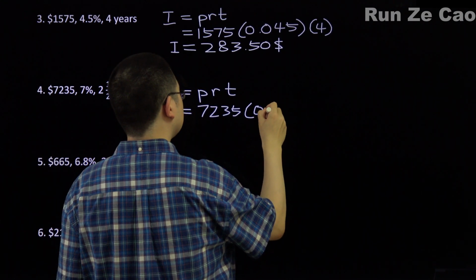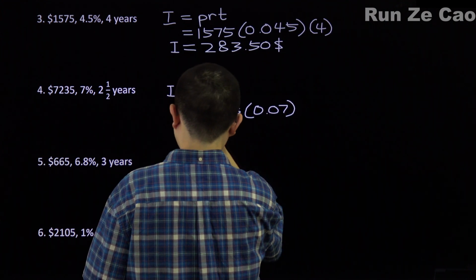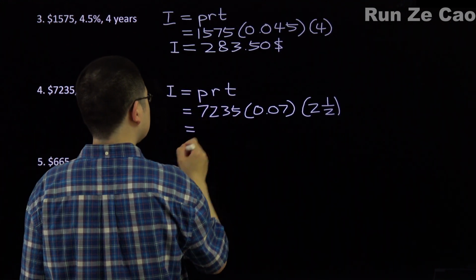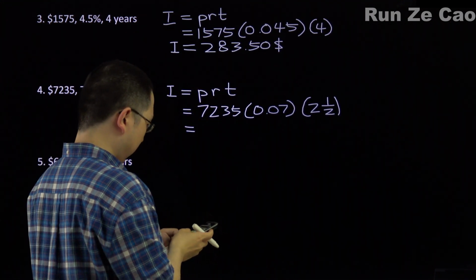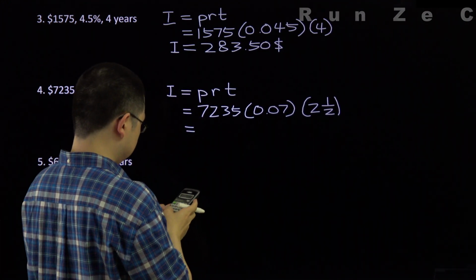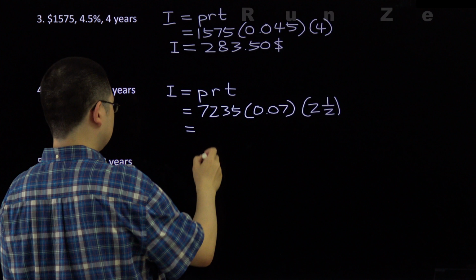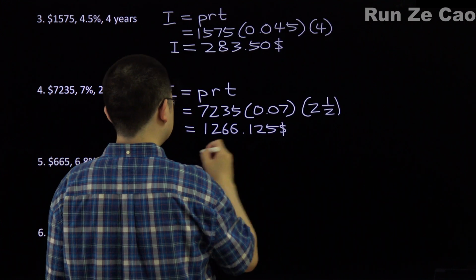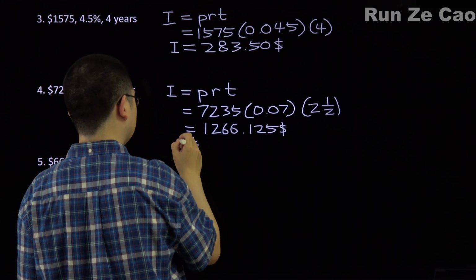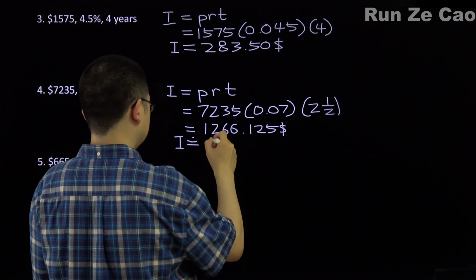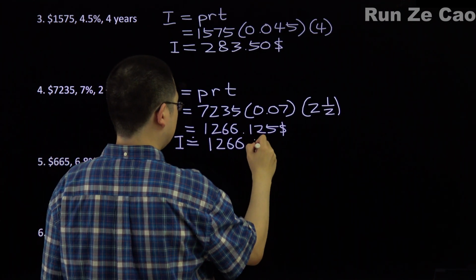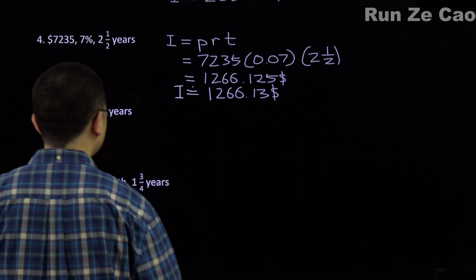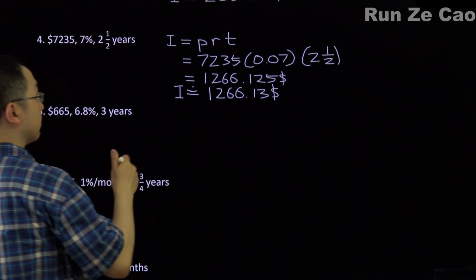The rate is 0.07, so 7% per annum, and we have 2.5 years, which gives us 2.5 times 0.07 times 7235. So $1266.125, and that's approximately, because we go to the nearest cent, the interest was $1266.13.